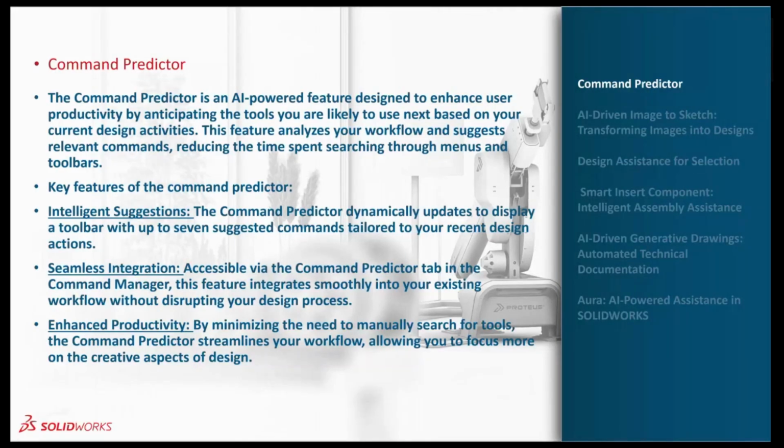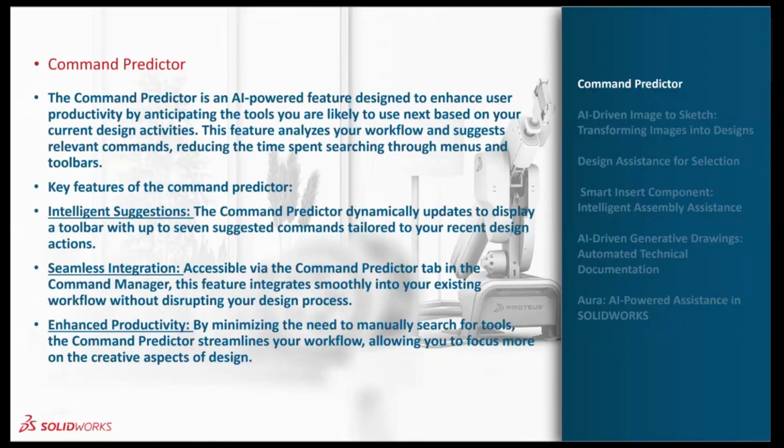The command predictor is a great AI-powered tool that can enhance your productivity by anticipating your next possible feature. For example, if you wish to draw a rectangle, SolidWorks gives the option to choose the sketch. Once the sketch command is selected, it will suggest the geometry you are going to add.